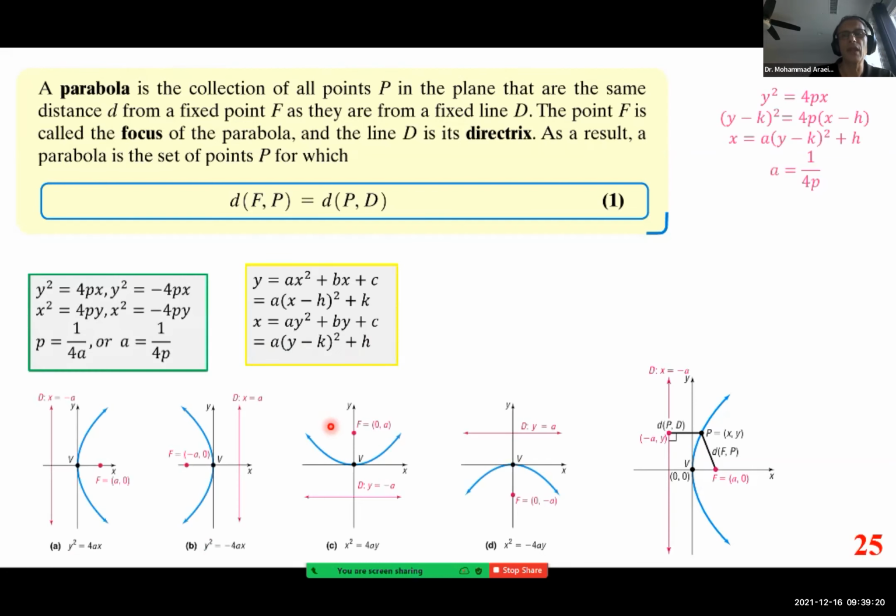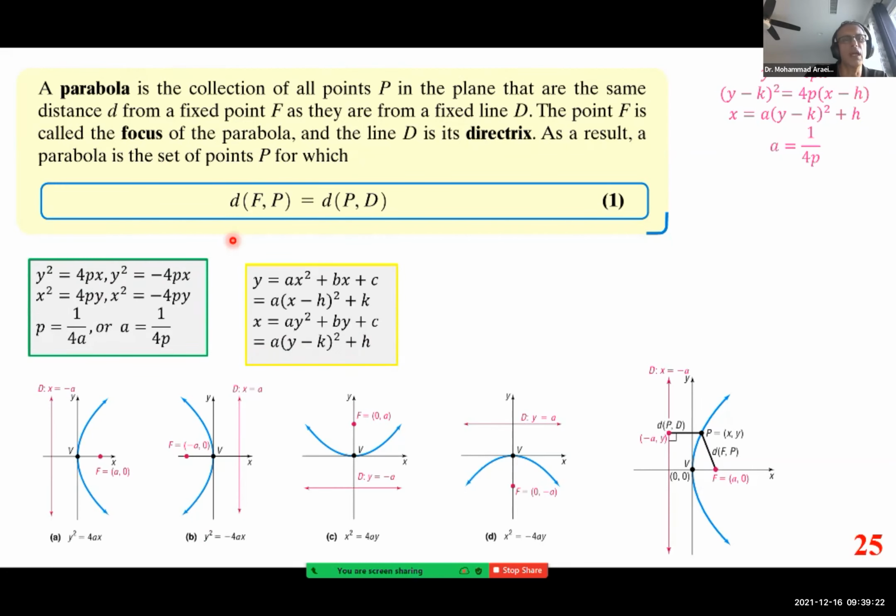Now they make these changes. I want you to see the relationship between these two and the one we have here. The only thing that you really need to know is the relationship between a and p. This distance we call p, some texts call it a, some even call it f. It's the focal distance.